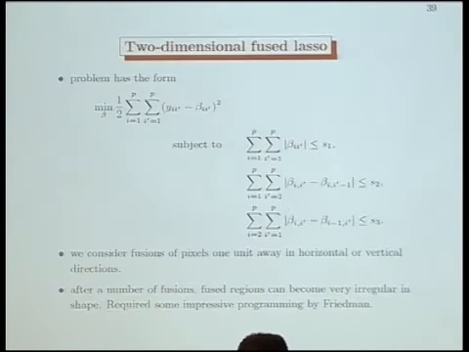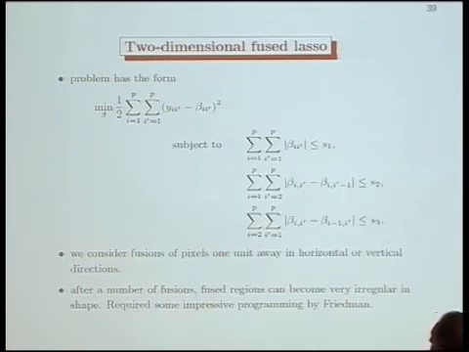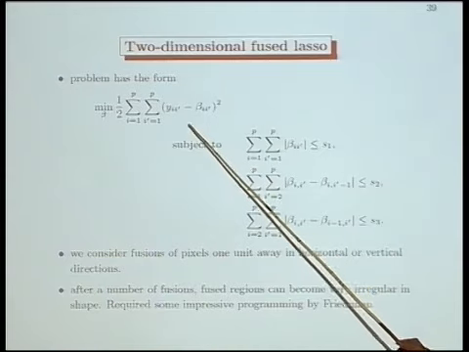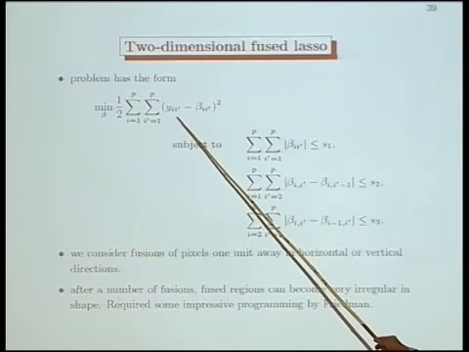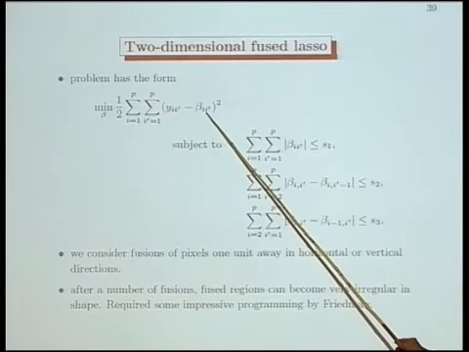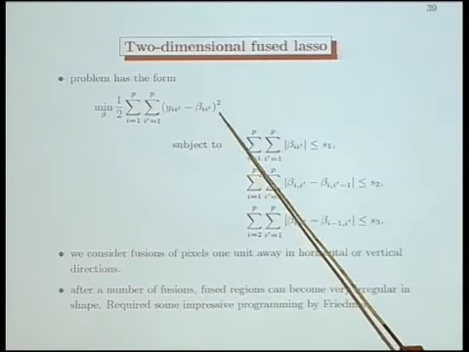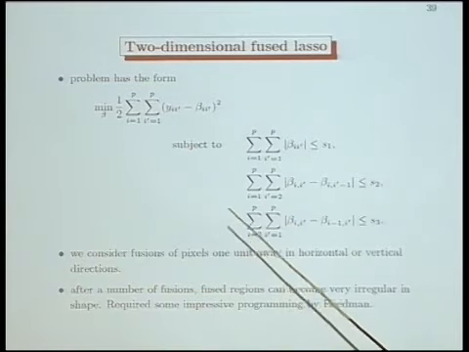And finally, let me just talk about the 2D fused lasso, which might be useful for two-dimensional data. This is an obvious extension of the first one, of the signal. So now we have a 2D image, y. We're going to approximate it by a surface, beta, which is smooth up and down.